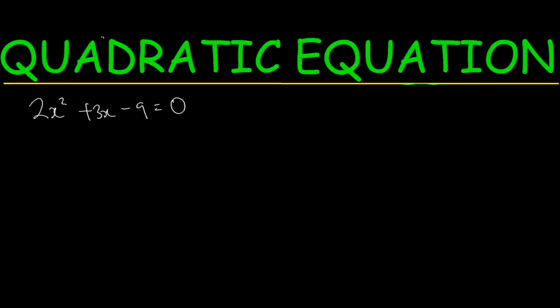So assuming that you have attempted the question, let's solve the equation together. The first thing we do is multiply the coefficient of x squared and our constant minus 9. So we do 2 times minus 9, which gives us minus 18.